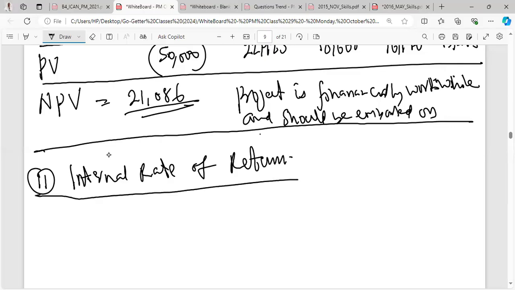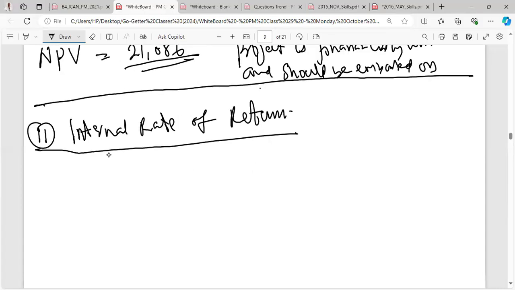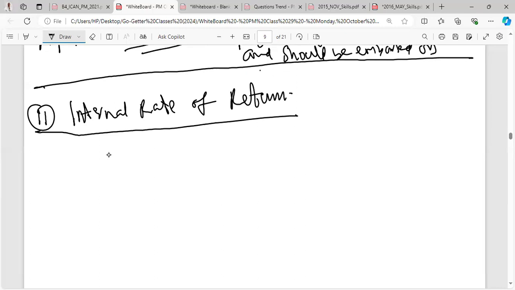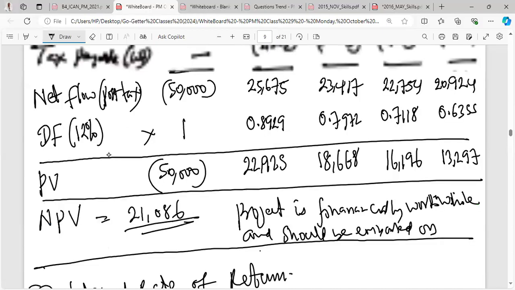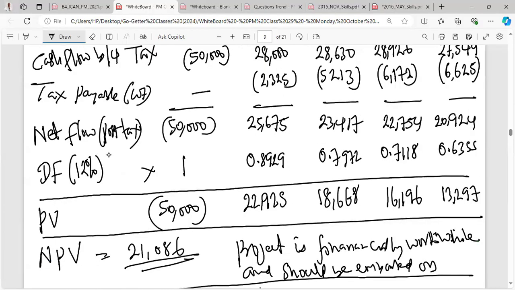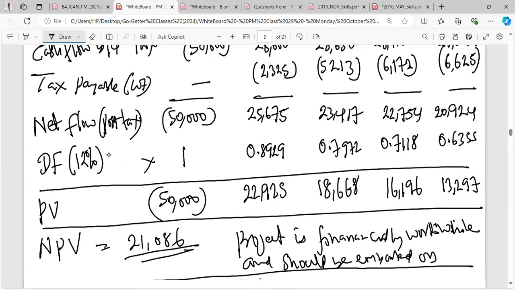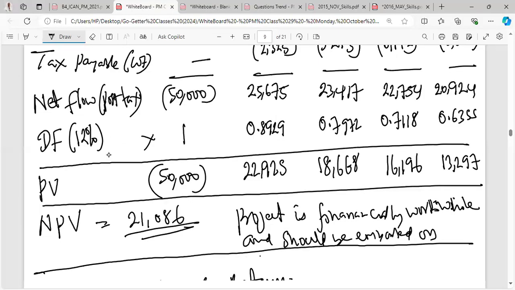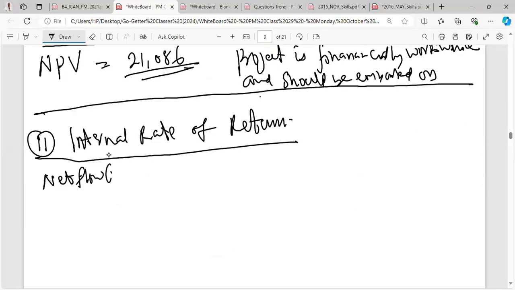So how can I do the internal rate of return? I'll start again. I'll need to do net flow post tax. Still need to do that again. Net flow post tax.